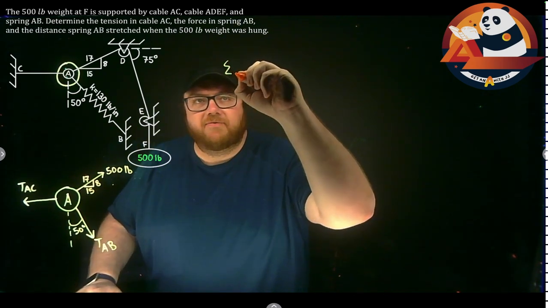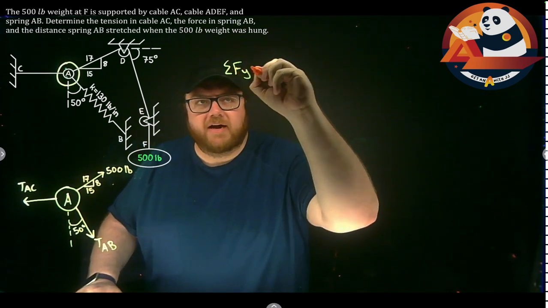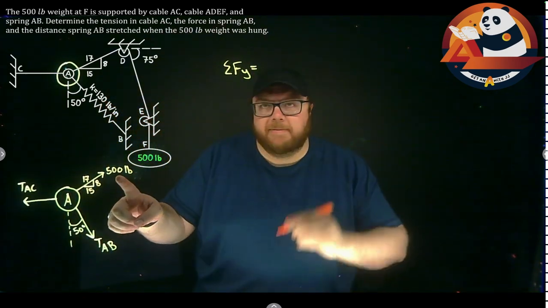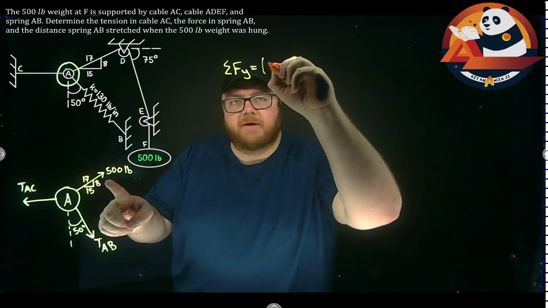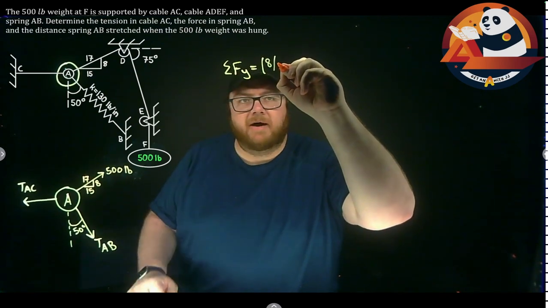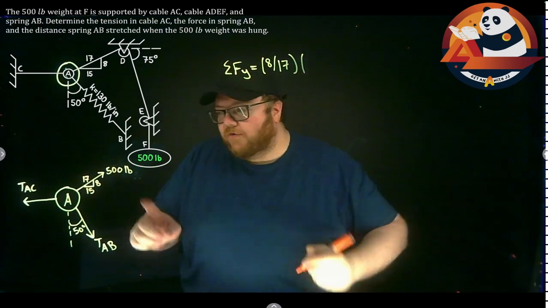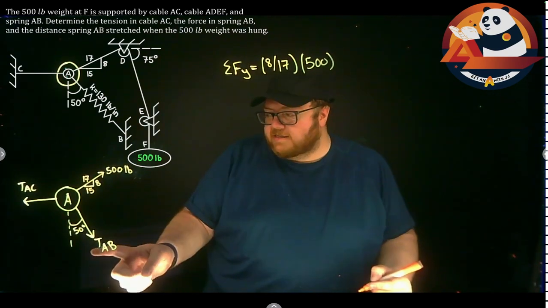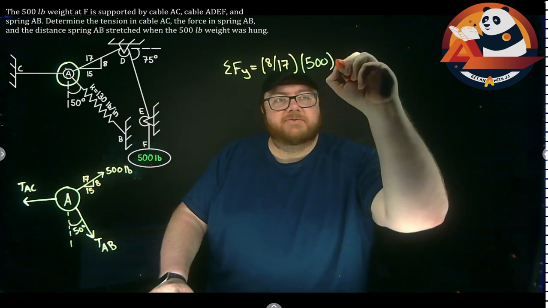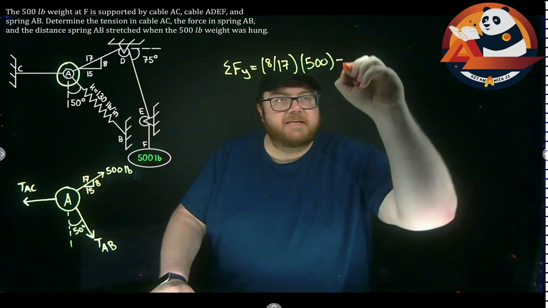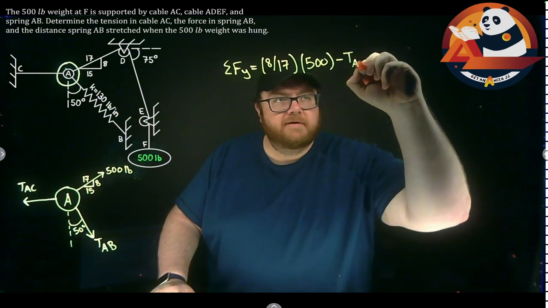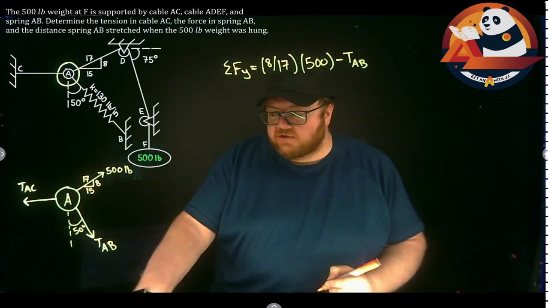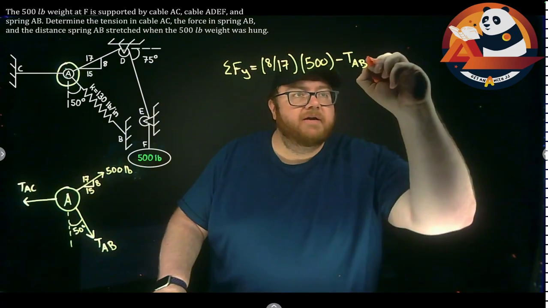If I do the sum of the forces in the y direction, my 500 has a component that goes up, my vertical, my y, 8 over the hypotenuse, 17, times the force, 500. My T_AB goes downwards, so I'm going to subtract this out, minus T_AB. And because my angle comes from vertical here, I want to use the cosine to get my y component.